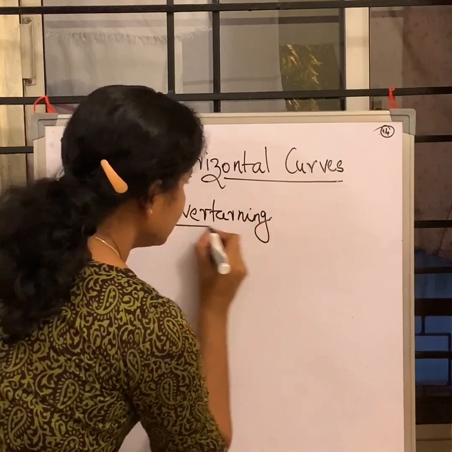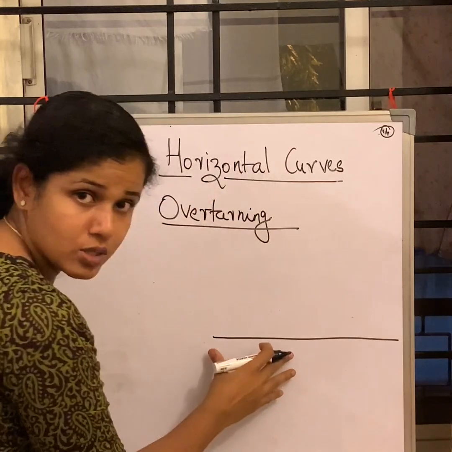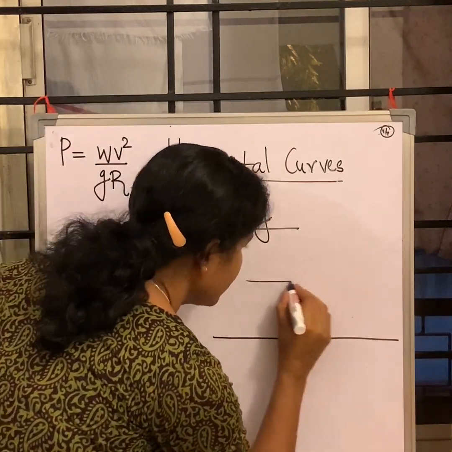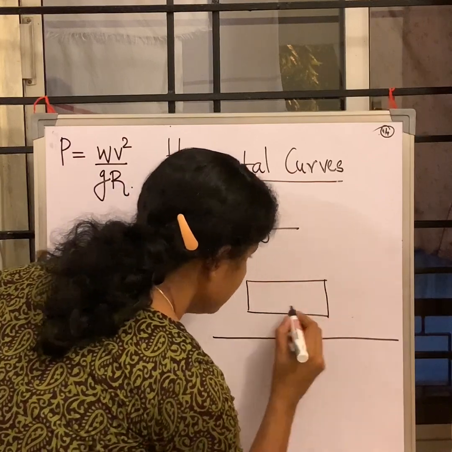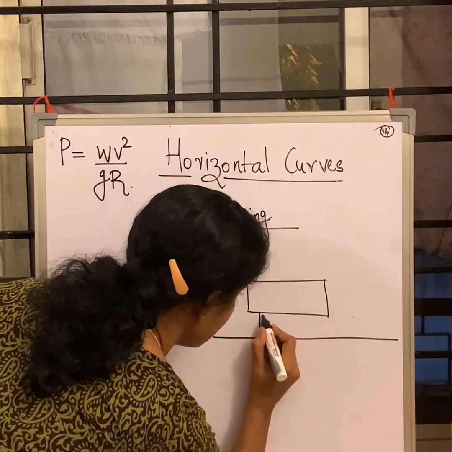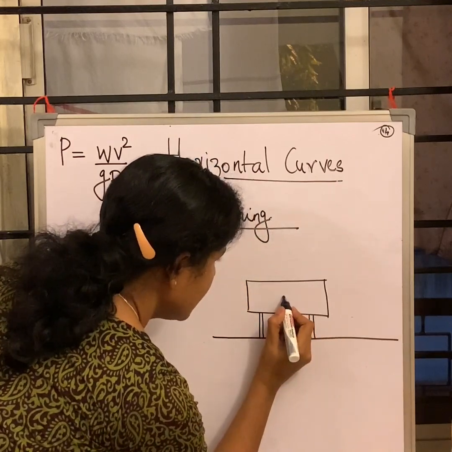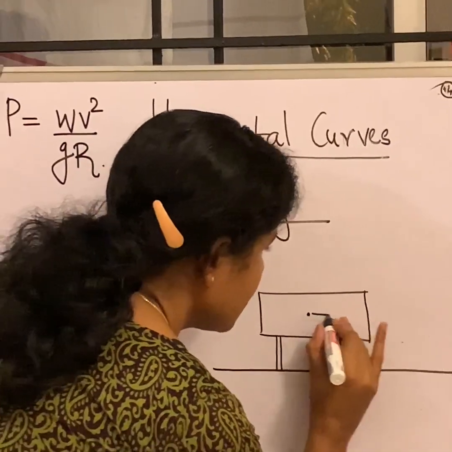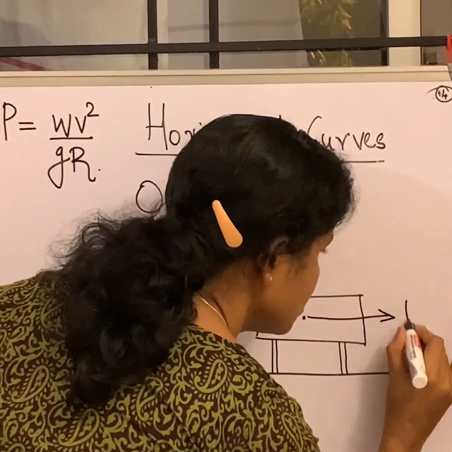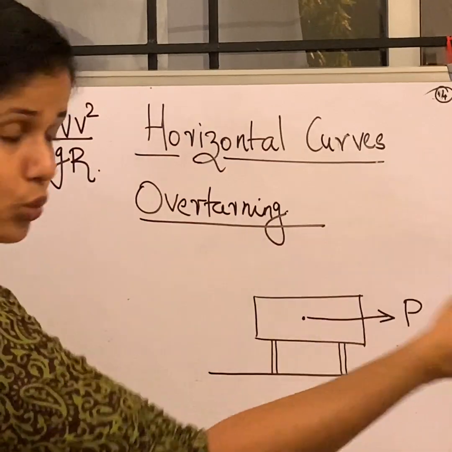For that, I think we can draw a sketch. This is my road surface, and I am going to draw a vehicle, and this is the wheelbase. Now, this is my center of gravity. There exists a centrifugal force, which we denote as P, acting outwards.